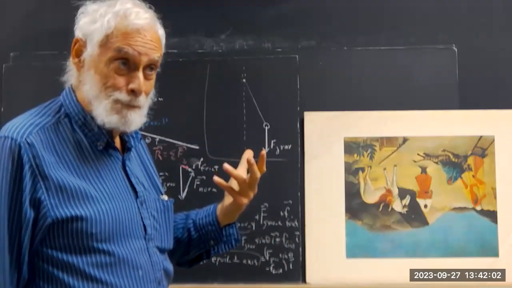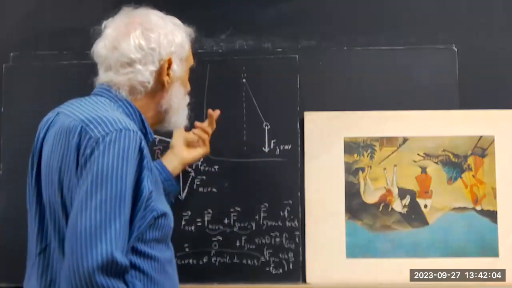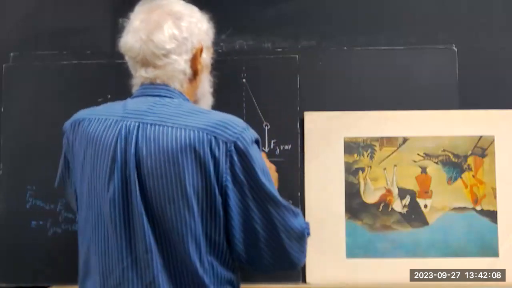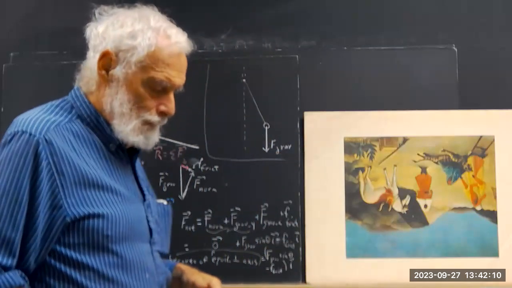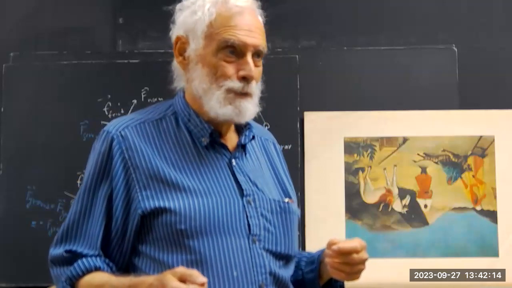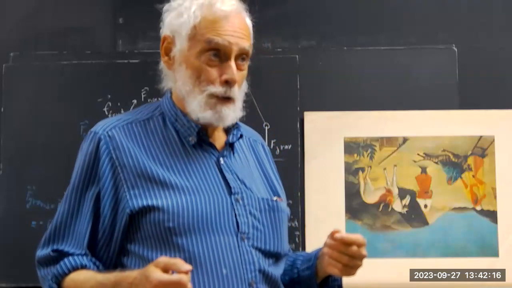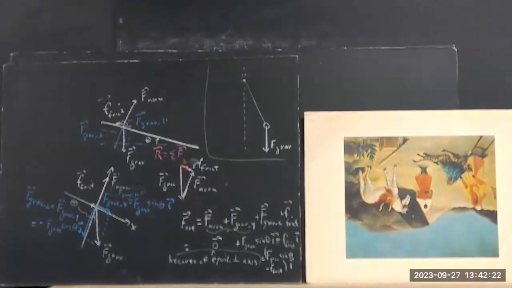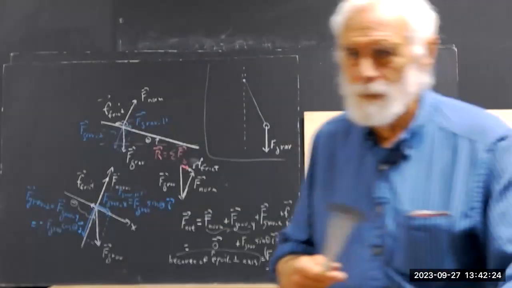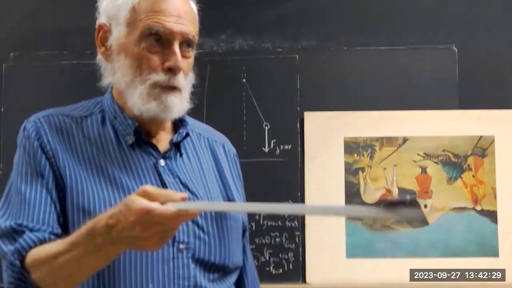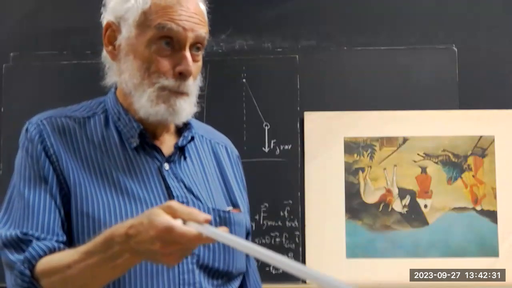Okay, so the string can only exert a force due to tension. Like if I put this magnet at the end of this beam, I can move the magnet back and forth this way, right?